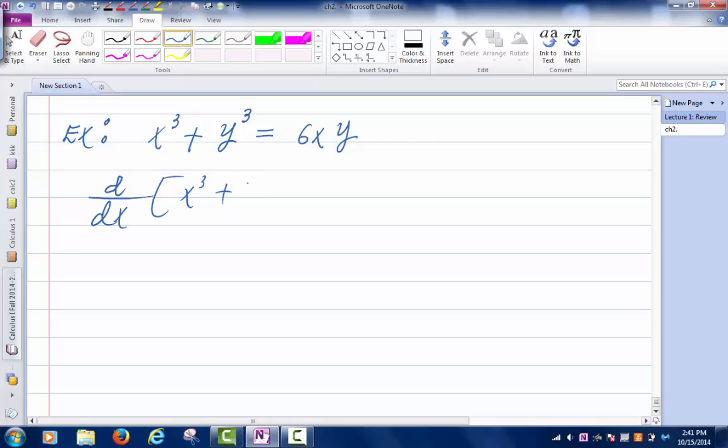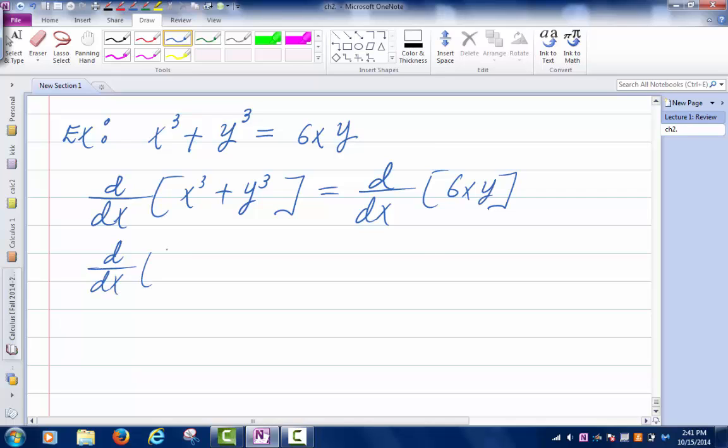I take the derivative of the left-hand side, and I take the derivative of the right-hand side. And what's the derivative of the left-hand side then? Well, I have a sum, but I can take the derivative one term at a time. So I take the derivative of x cubed plus the derivative of y cubed.